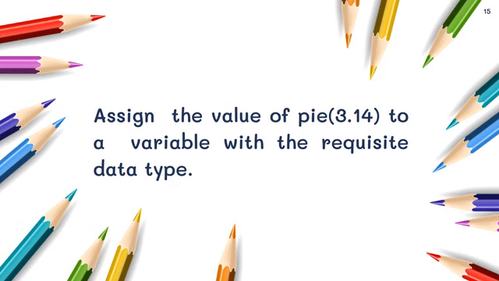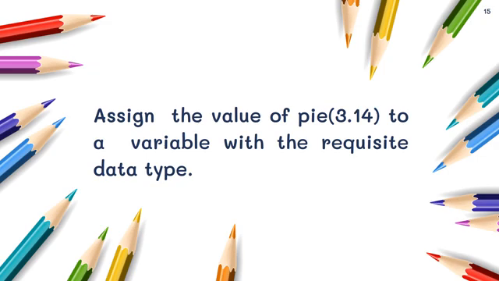Assign the value of pi to a variable with the requisite data type. What are the data types we know? Int, float, double, short. Here, what is the value? 3.14. It consists of a decimal point, so obviously we have to use floating point data type or real data type.